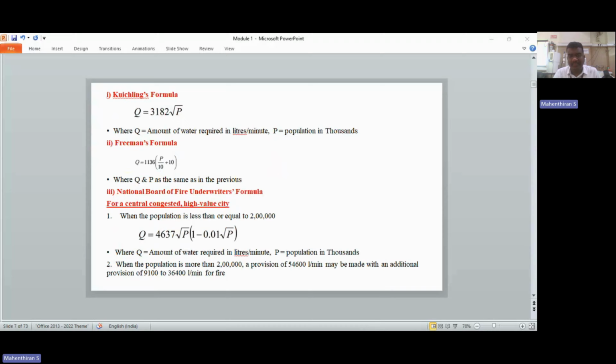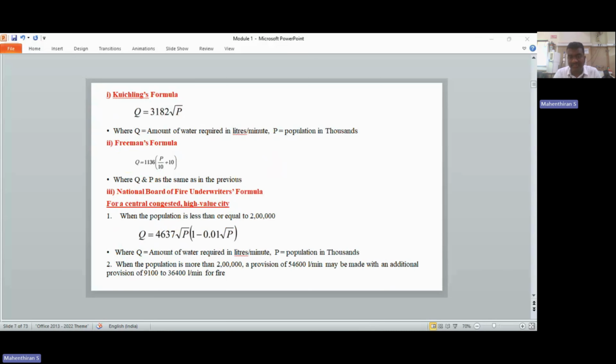In this segment, we are going to discuss how to estimate fire demand using empirical formulas. In the previous slide, we understood that fire demand is an emergency requirement, and unlike domestic or industrial demand, it is not continuous.